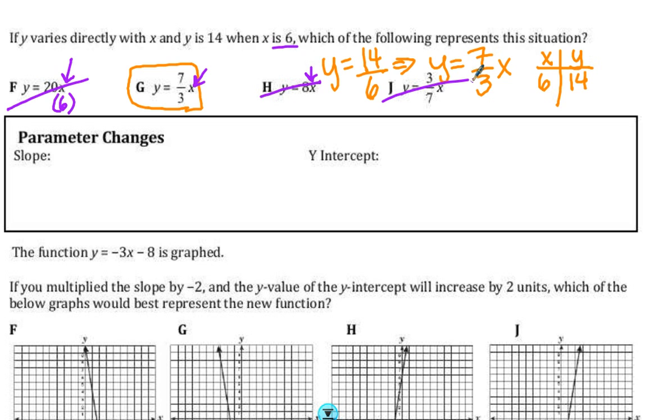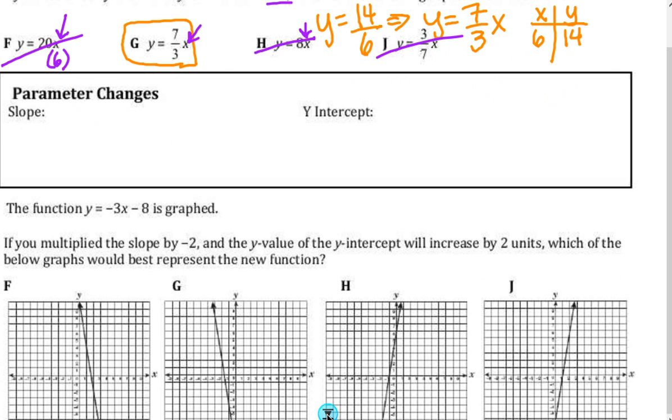All right. Parameter changes. Some fun things to talk about here. Think about if you had a slope of 0. That's a horizontal line, right, for 0 slope. I want you to remember slopes: the further away we get from 0, the steeper our graph is going to get, okay?